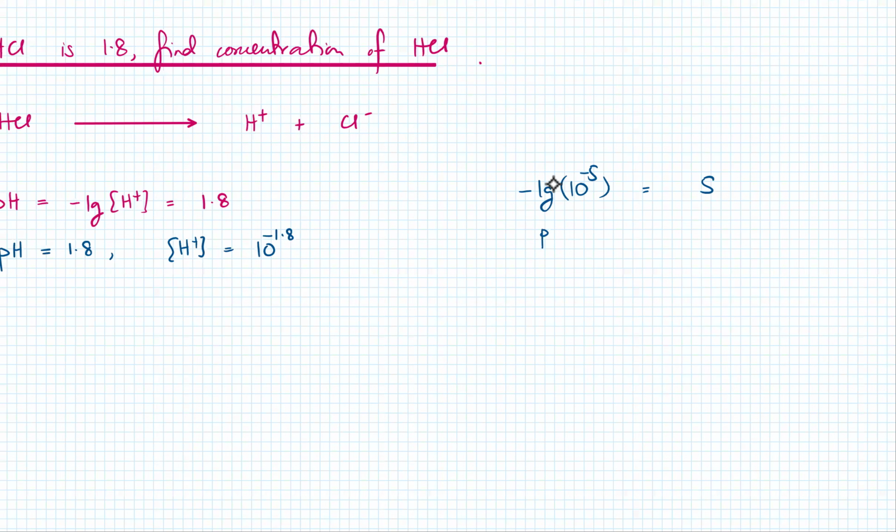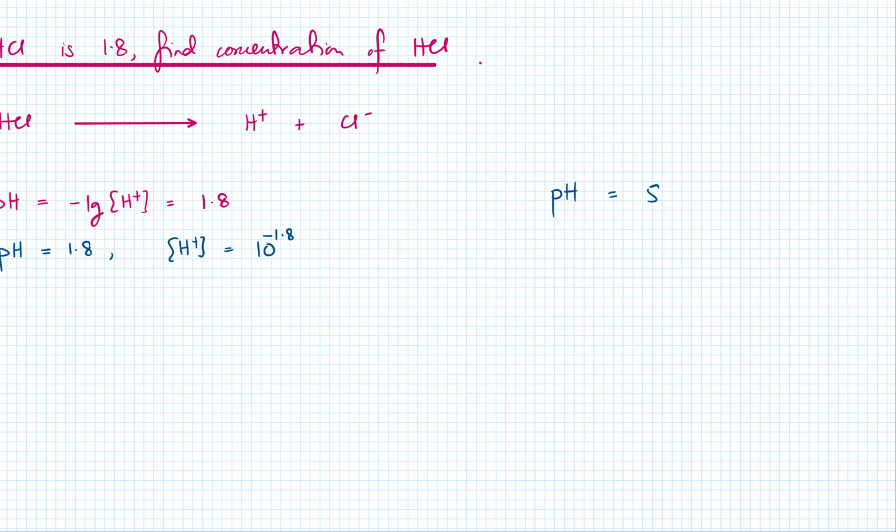P. If you want to go back, and you have 5, let's say this is H plus 1. So the pH is 5, for example. Okay, let me do it this way, one second. So pH is coming out to be 5.